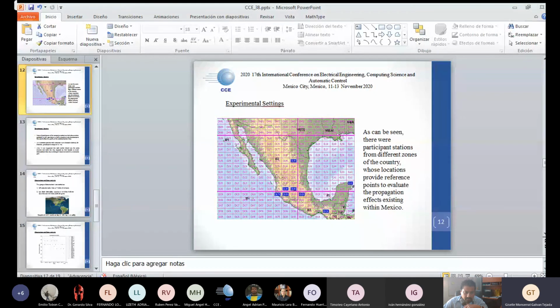But for the moment, it was the stations that participated. But yes, it's very interesting to invite colleagues to accept to participate in that type of experiment.